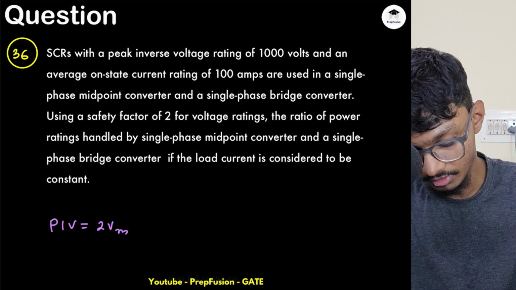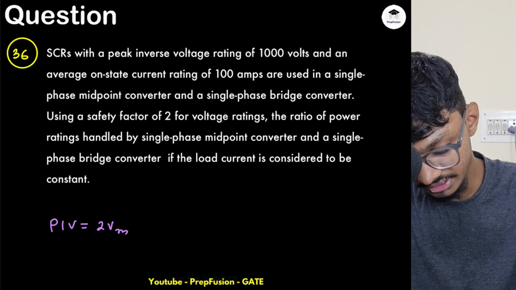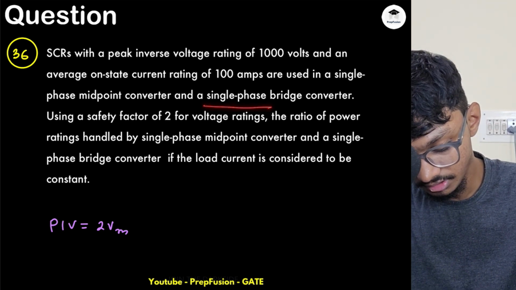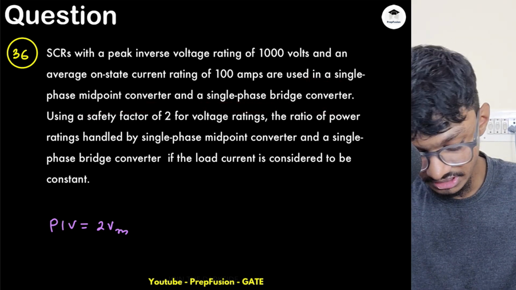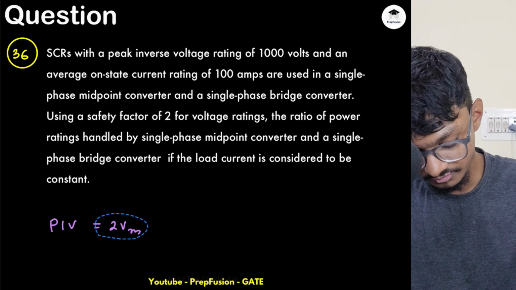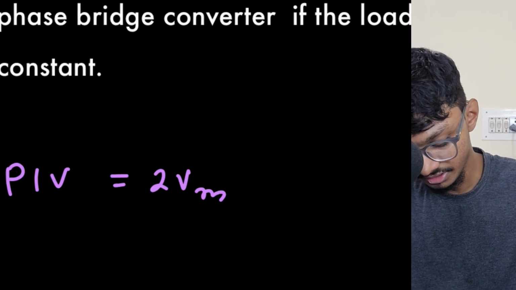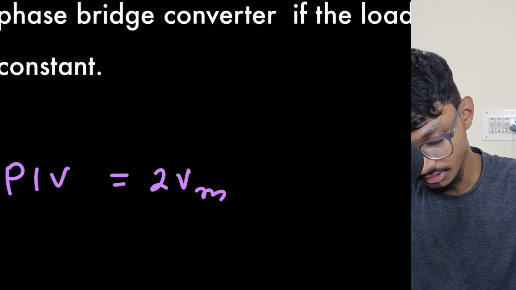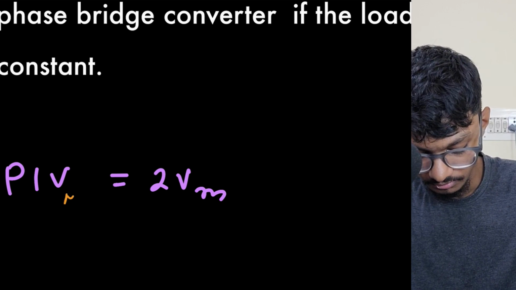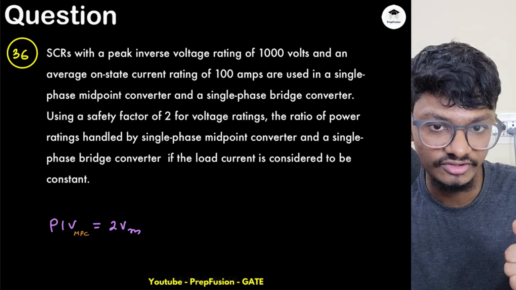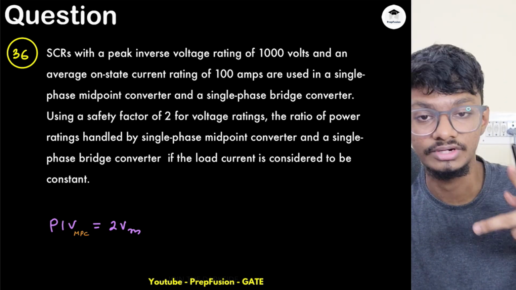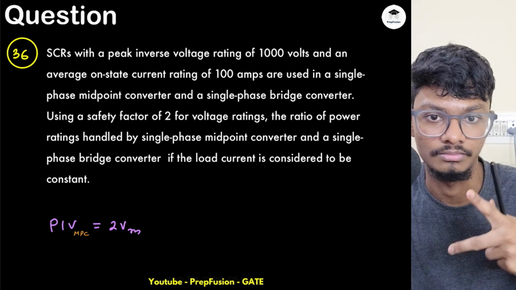What next they are telling is about a single phase midpoint converter and a single phase bridge converter. This is for the midpoint converter: peak inverse voltage is 2 Vm. And in a bridge converter, what is the peak inverse voltage across each SCR? What is the maximum negative voltage that can come? It is Vm.